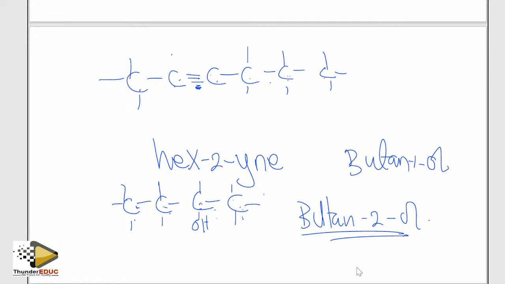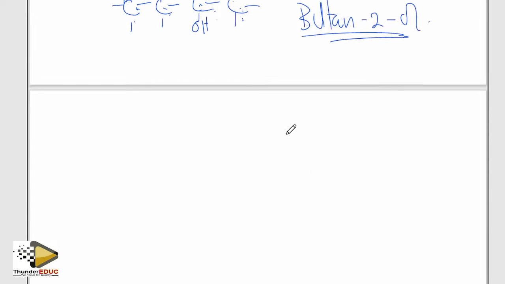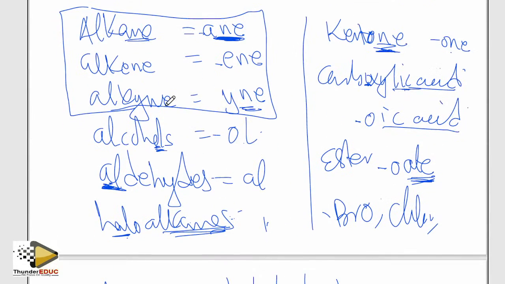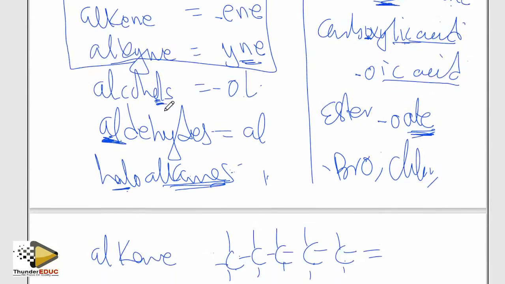Now, let's go to another question, a more complex one. As we continue, you will be able to understand this better. All right, let's go to the next question. So alcohol is done. Remember, we have primary alcohol, secondary alcohol, tertiary alcohol.